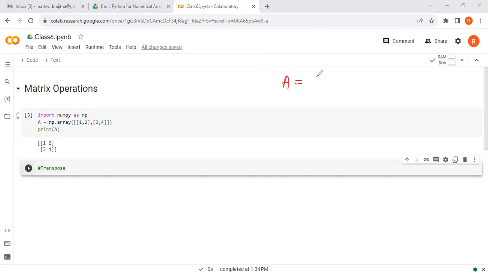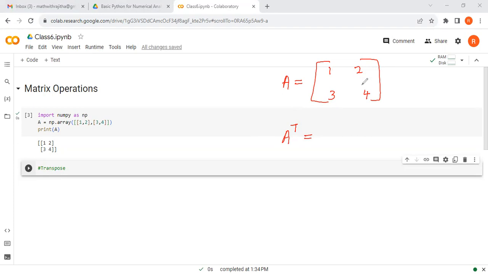A equals 1, 2, 3, 4. These are rows: this is the first row, this is the second row. This is the first column, this is the second column. We define a transpose as the rows become columns.